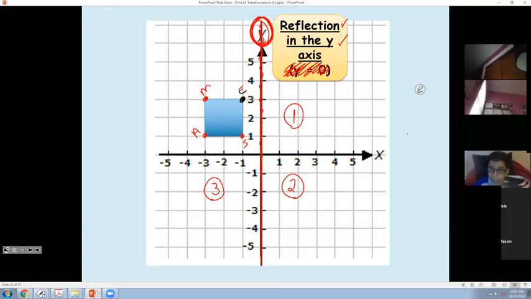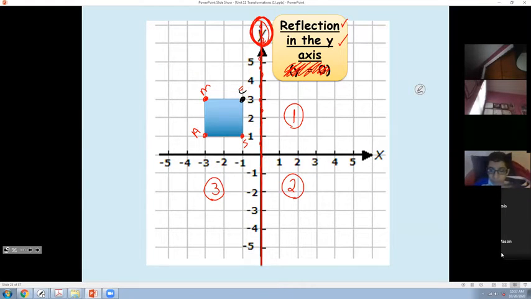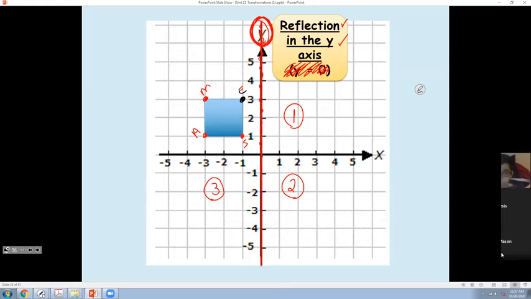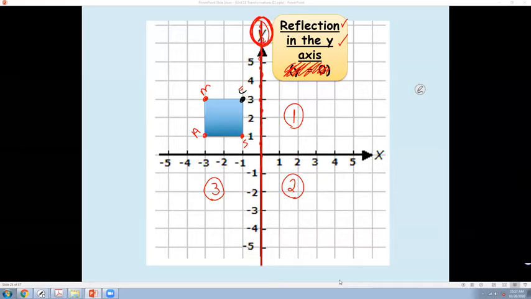Where will the image be if you reflect this one over the y-axis?